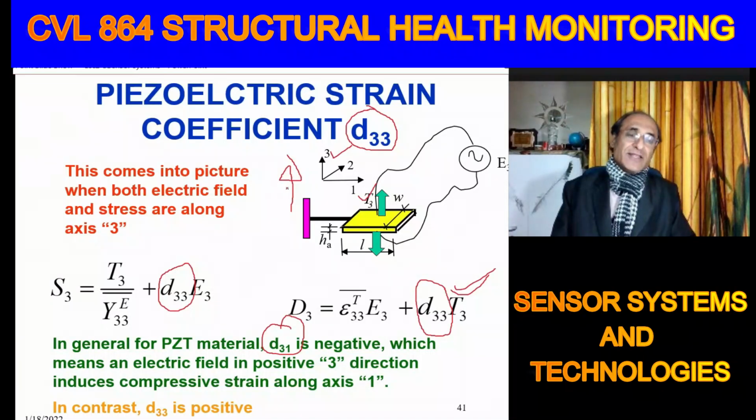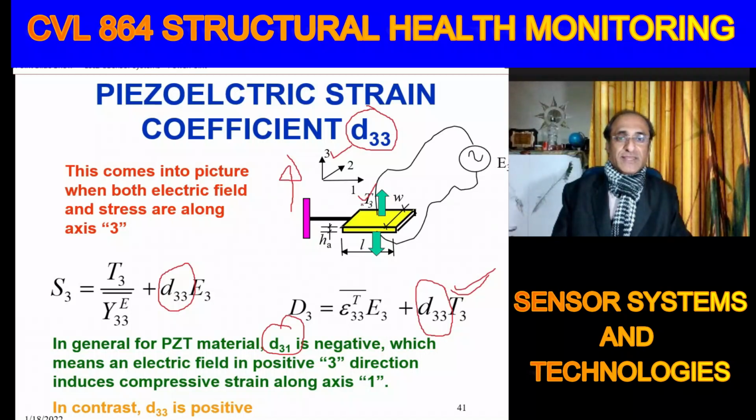Okay. Now another question let me ask: how do we define the positive direction of an electric field? The positive direction of the electric field is defined as that direction along which a positive electric charge is attracted. So that is the direction of the electric field.